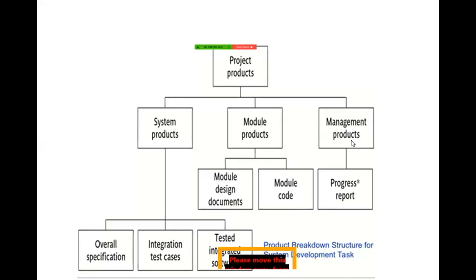Here in the management project, we have to give the progress report. You have to explain to the users the present status of your project. That is nothing but the progress report. You have to give the report on the present status of your project to the users.